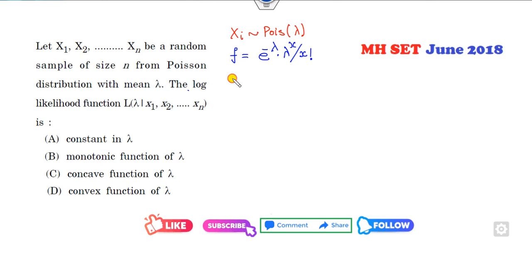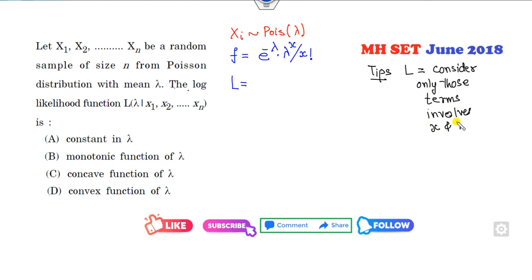Then your target is to find the log likelihood L. Remember, when you define L, consider only those terms which involve x and theta, where theta in this case is lambda.